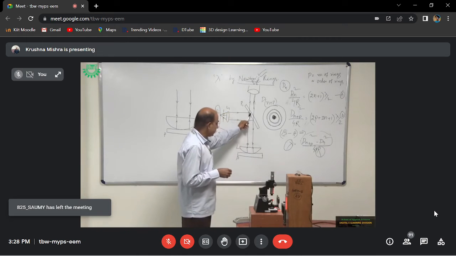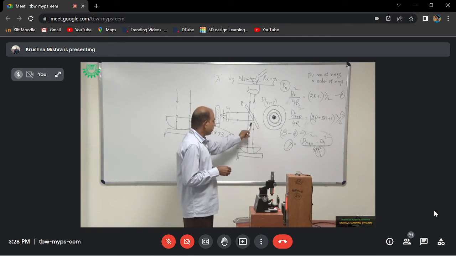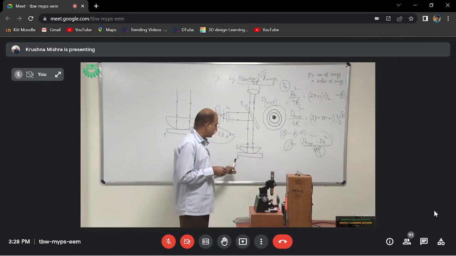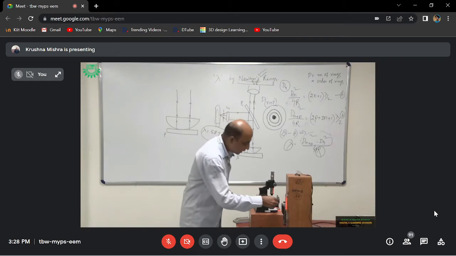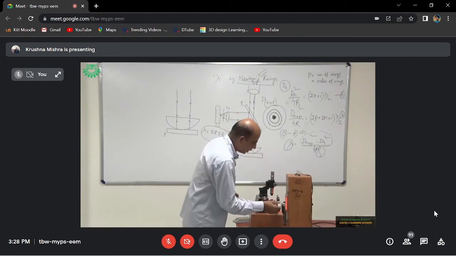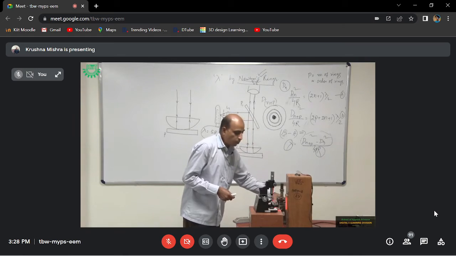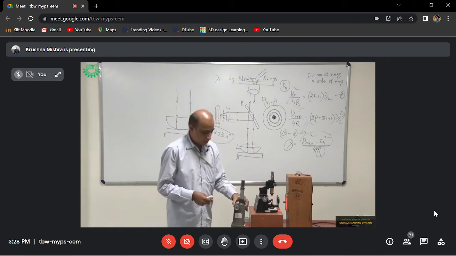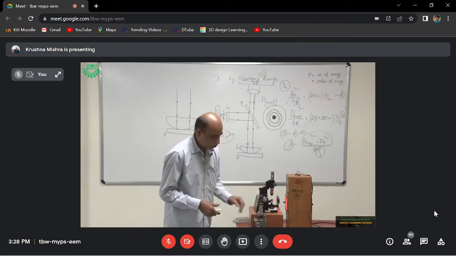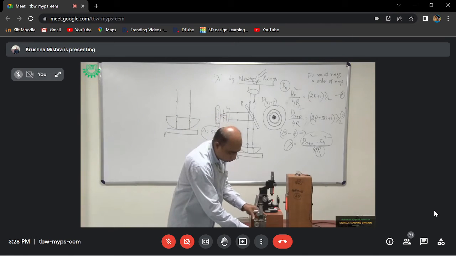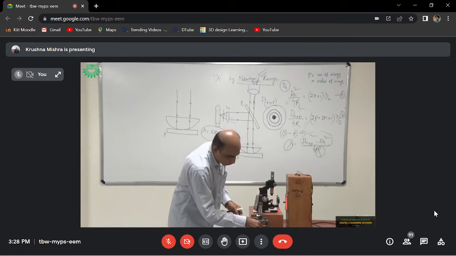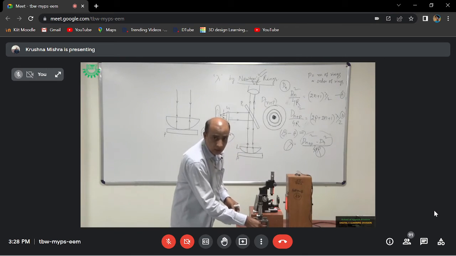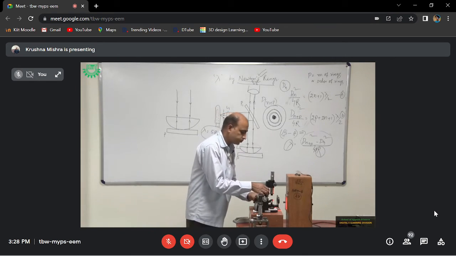After it is incident, the light is reflected from the lower surface of the plano-convex lens, which is placed over a plain glass plate P. As it is assembled here you cannot see it, and we would have to open it, which will take some time to adjust. So I want to show you here the plain glass plate kept at exactly 45-degree inclination.